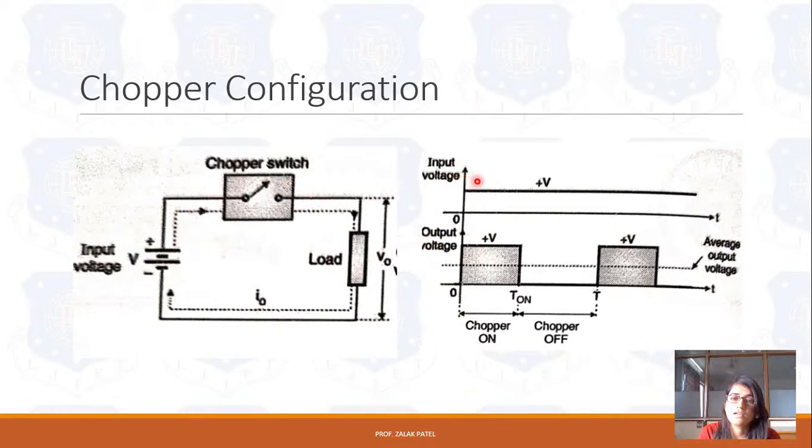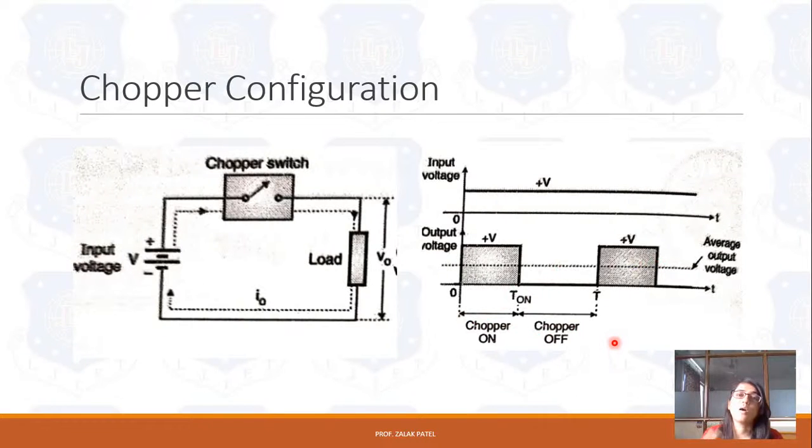You can see that the input voltage is a fixed DC voltage, a clear straight line. This fixed DC voltage is converted into the variable DC voltage, and you can see a rectangular type of waveform. It has its own on time and off time, that is chopper on time and chopper off time.